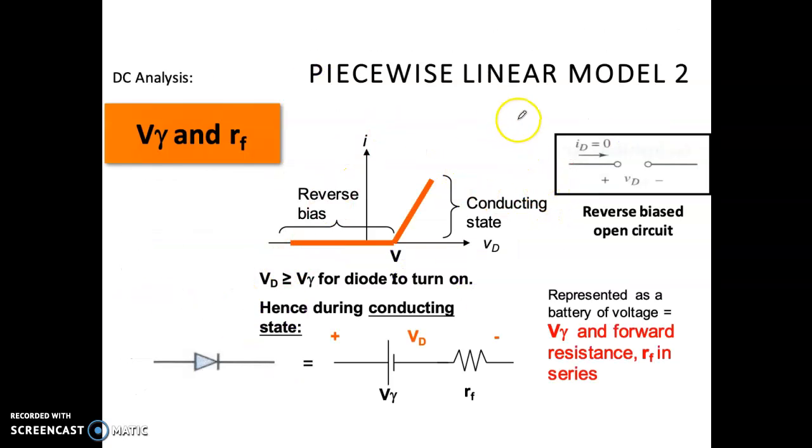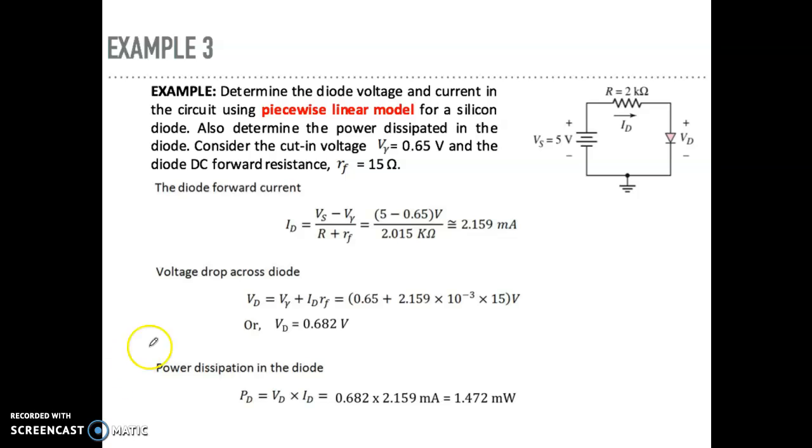So in this condition, when Vs is less than V gamma, it will become an open circuit. When it is more than V gamma, you're going to replace your diode with one voltage source, that is V gamma, in series with RF. So the same question as the previous model.